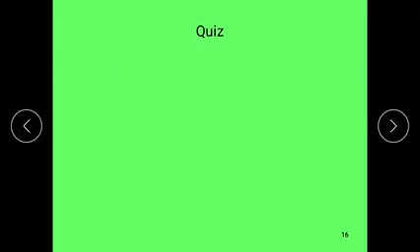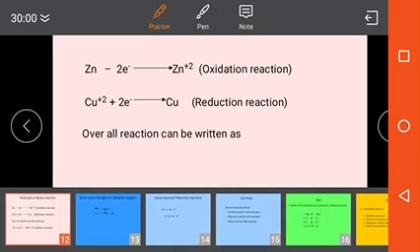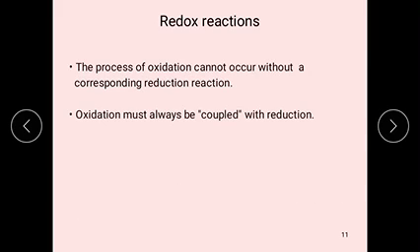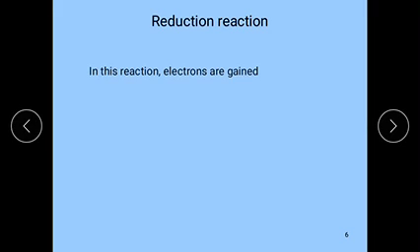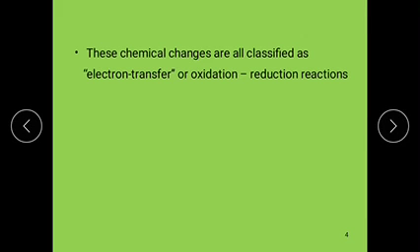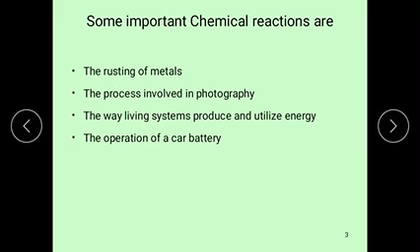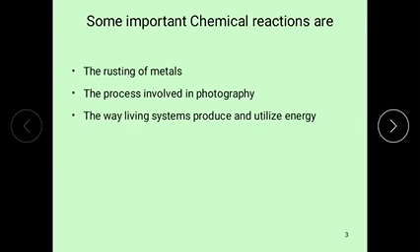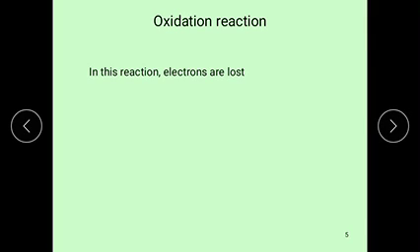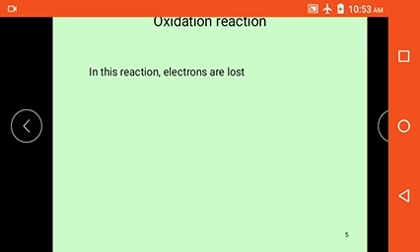Okay, just now we discussed what oxidation is. Oxidation is the process of removal of an electron from an atom or ion or molecule, or the process of addition of oxygen to an atom or molecule.